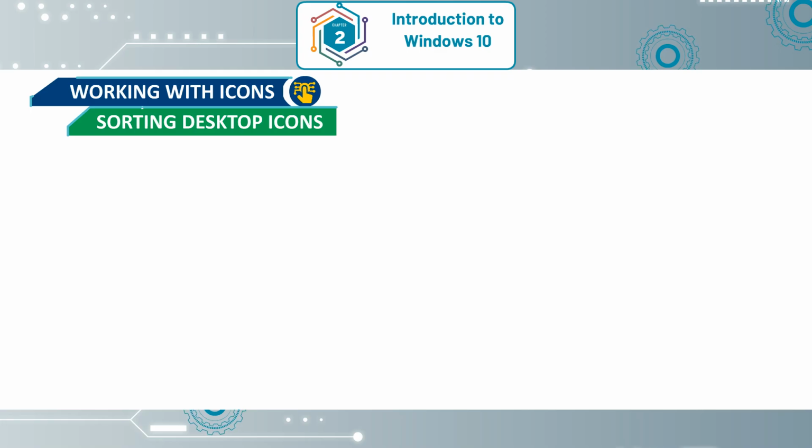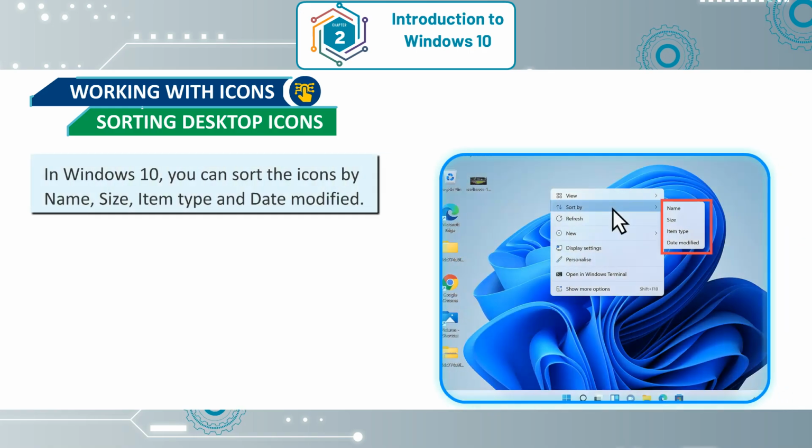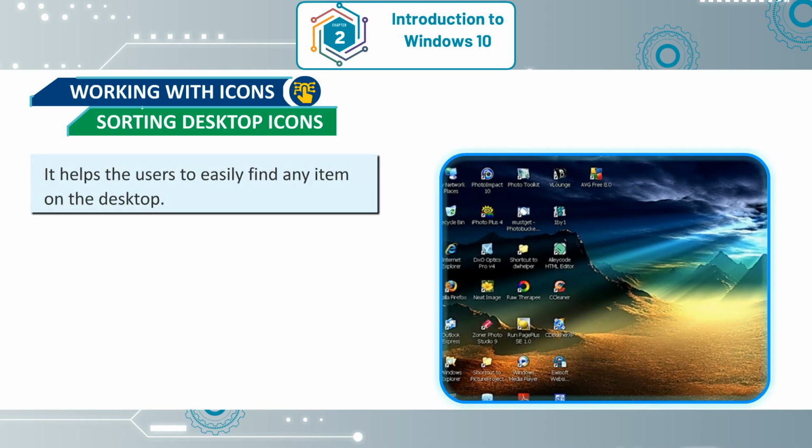Sorting desktop icons. Sorting desktop icons means arranging the icons present on the desktop. In Windows 10, you can sort the icons by name, size, item type, and date modified. It helps the users to easily find any item on the desktop.